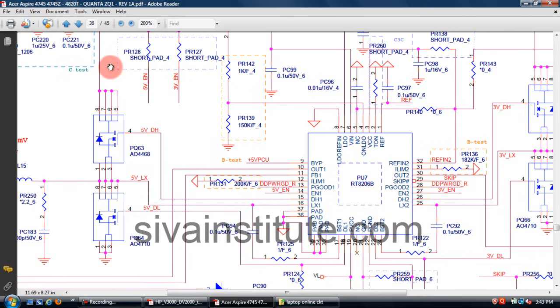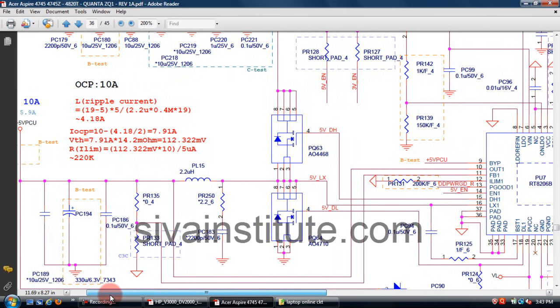When the arrow mark points inside, that means N channel. When it points outside, that is called P channel. When you give gate voltage, this voltage comes to here and goes outside to the coil.